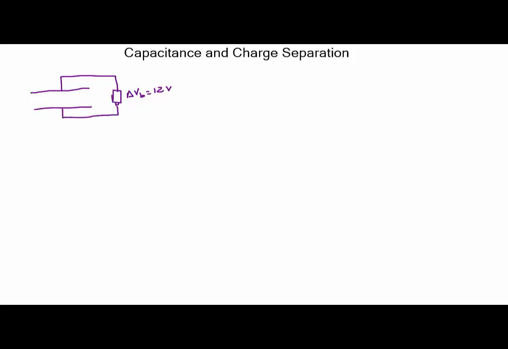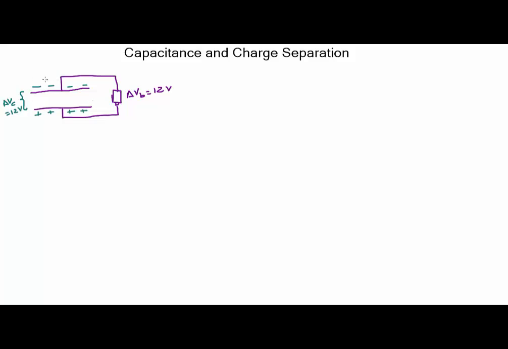I let this battery take its time to charge the capacitor, and when it's done, it's got charges that are separated between these plates, positive at the bottom plate, negative at the top plate. And the battery can rest after the potential difference across the plates of the capacitor also becomes 12 volts. That's when equilibrium is reached and the capacitor is fully charged.